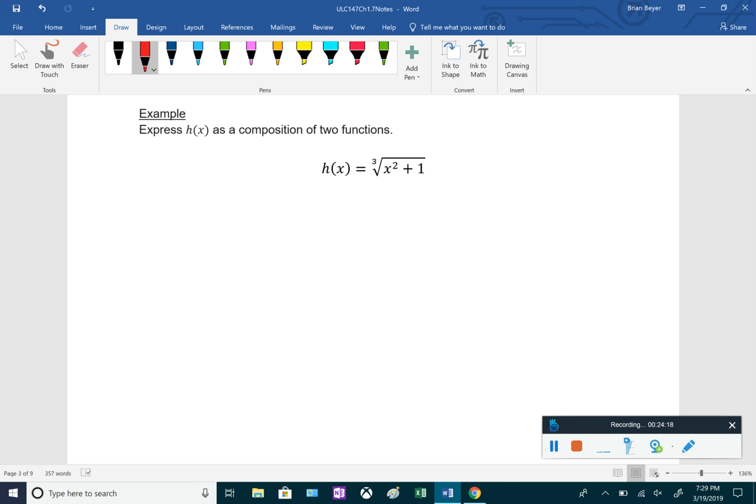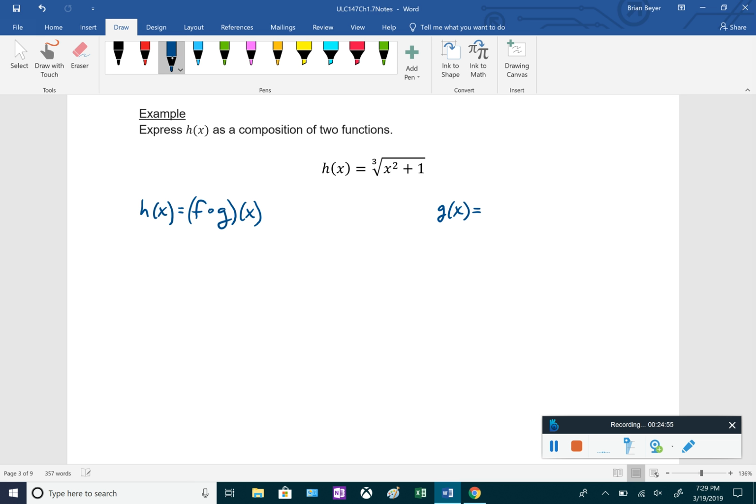So let's see what we mean here. Let's express h of x as a composite of two functions. So h of x is the cube root of x squared plus 1. If we want to express this as f of g of x, we want h of x to equal f of g of x. So that means we need f of x and we need g of x. Like I mentioned up in the notes, g of x is going to be the inner function.